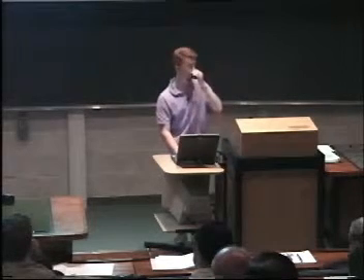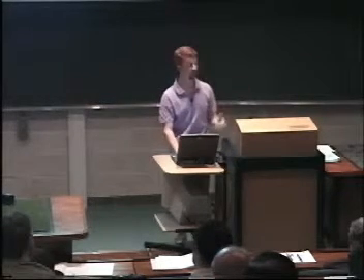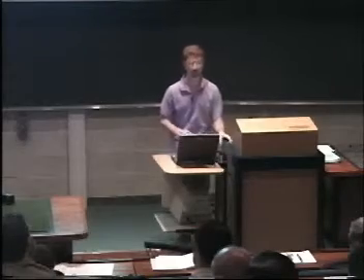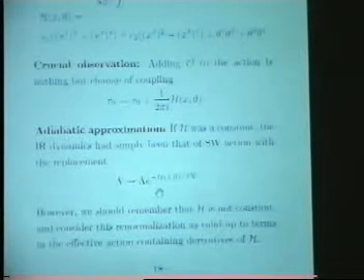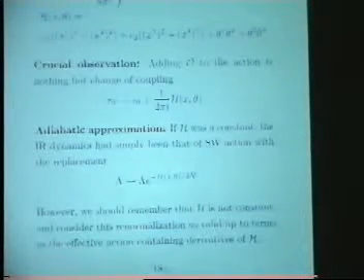So these terms appear because of the failure of this adiabatic approximation. This argument was correct, of course, if h was a constant, but if h is not a constant, we should only trust this argument up to derivatives, as the low energy effective action is the expansion in derivatives. So we should expect terms which will vanish as epsilon goes to 0.